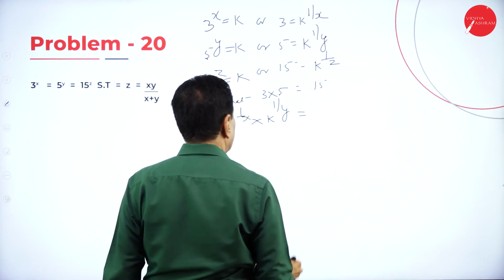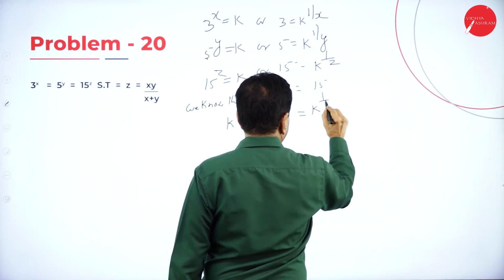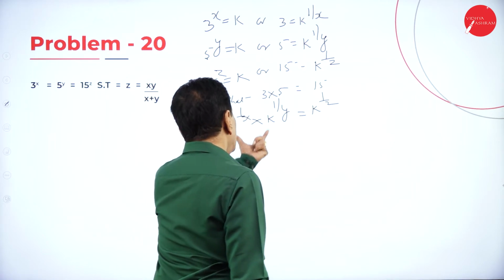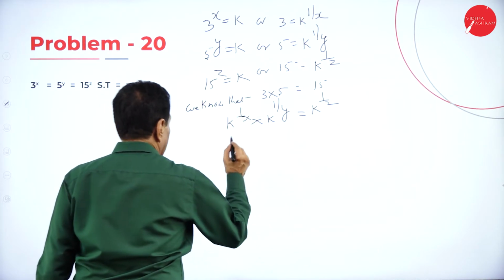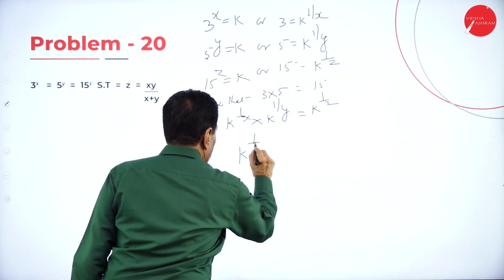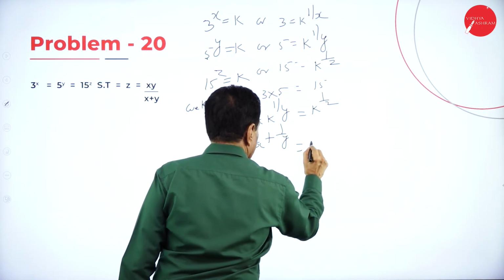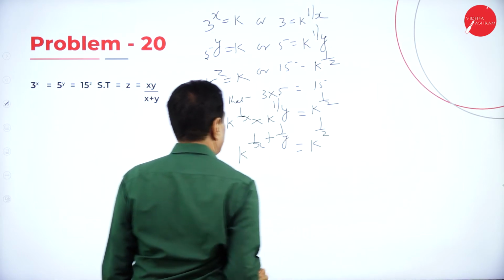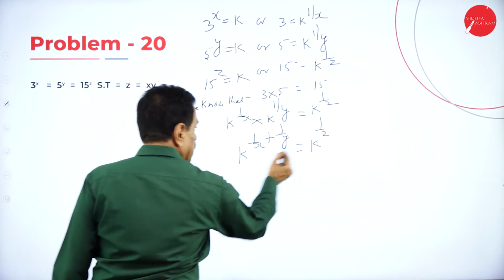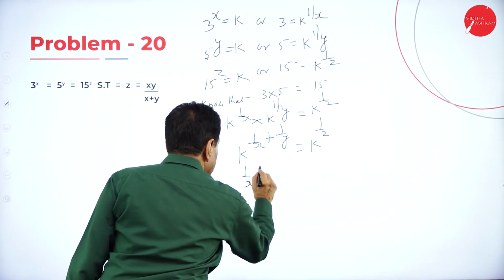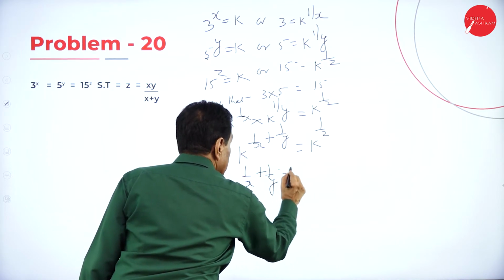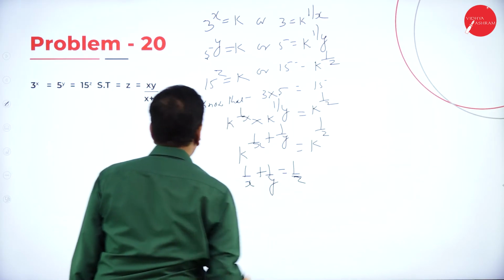What is 15? k to the power of 1 over z. When the base is common, the exponents can be added: k to the power of 1 over x plus 1 over y is equal to k to the power of 1 over z. Here k is common, so you can write 1 over x plus 1 over y is equal to 1 over z.